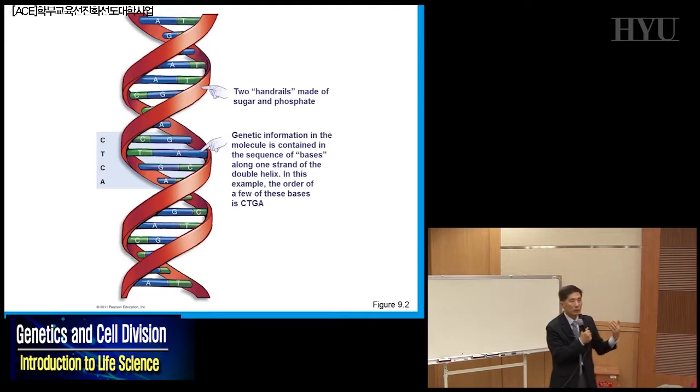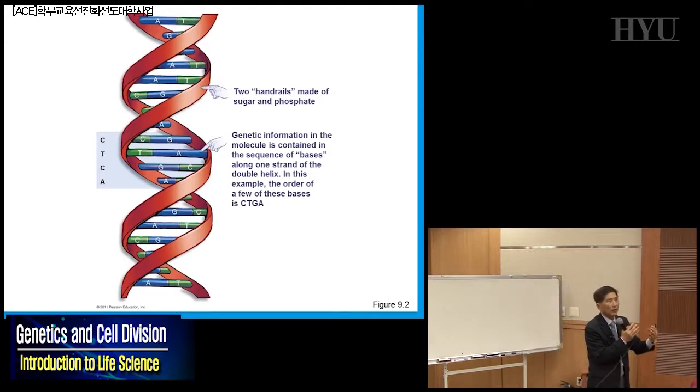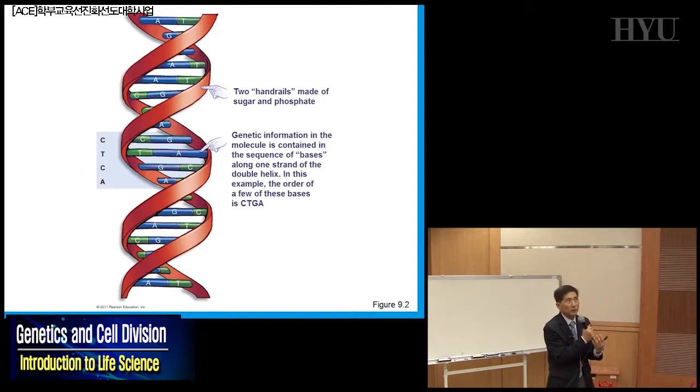We learned that DNA inside the cell usually has a structure called, what structure is it? It's called the double helix. It consists of 2 strands, anti-parallel. One strand goes this way, the other strand goes that way, and it's intertwined.